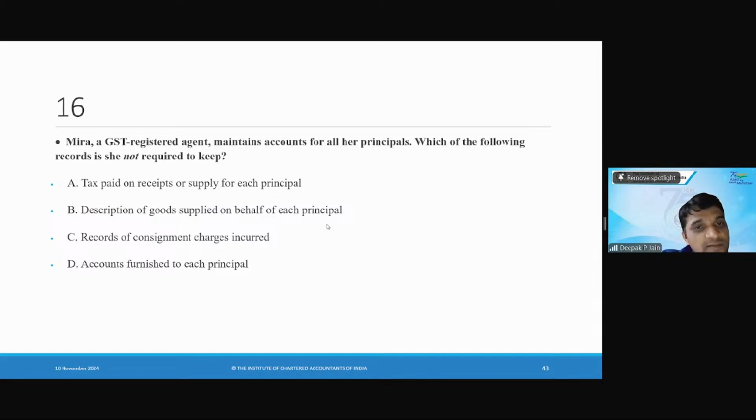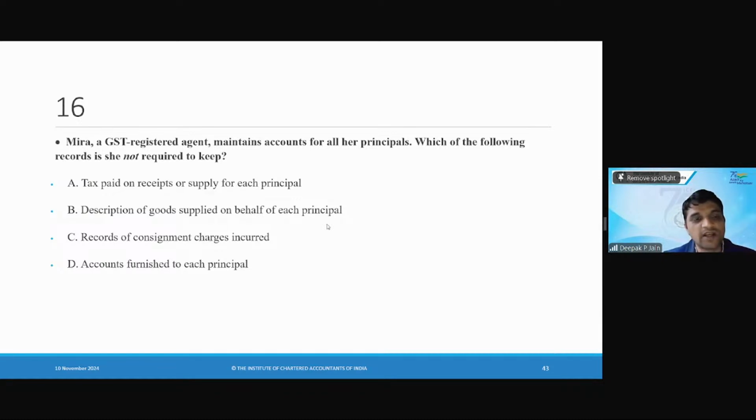A GST registered agent maintains accounts for all her principals. Which of the following records is she not required to keep? 16C, correct.